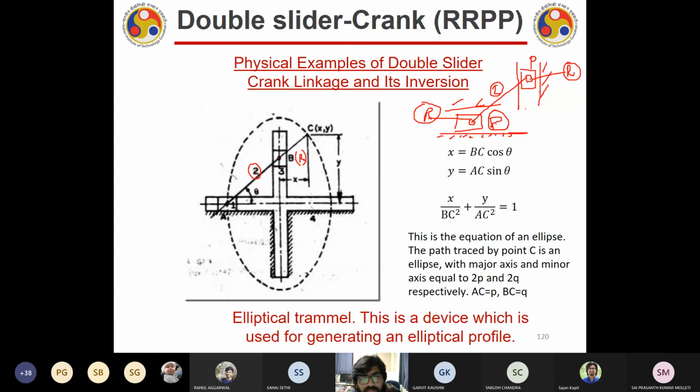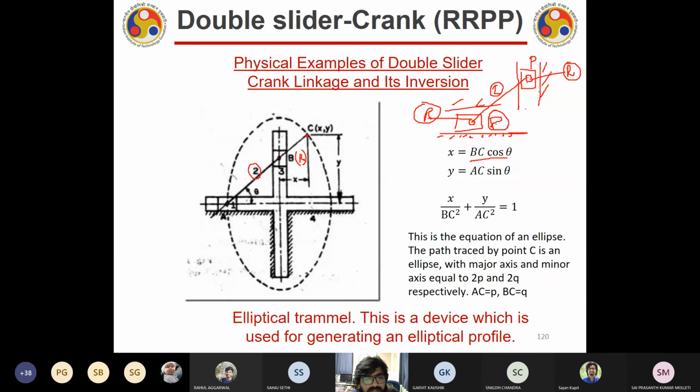Fine. Now, if you observe here carefully, if I extend this link beyond a certain point, assume that this is the point C, which is nothing but the extension of link 2, and its coordinate is x, y. This distance is x and this distance is y. Then x will be nothing but BC cos theta at a particular angle.